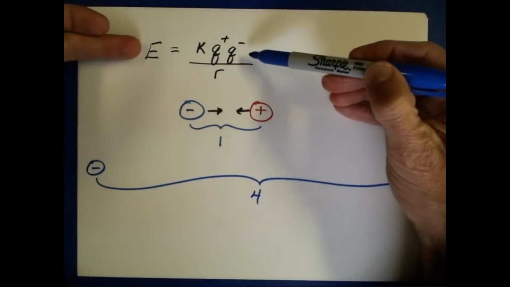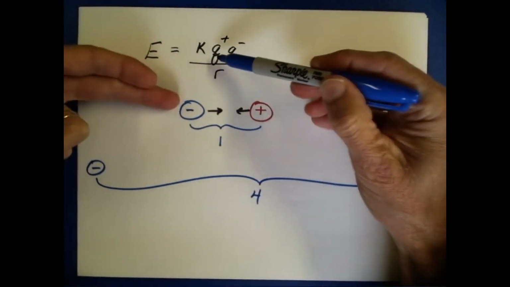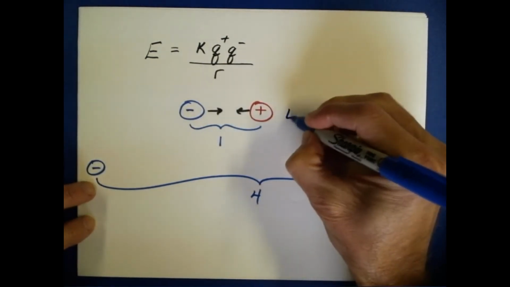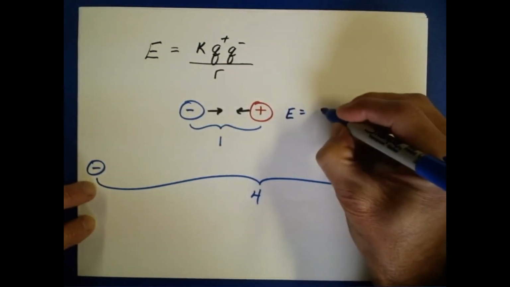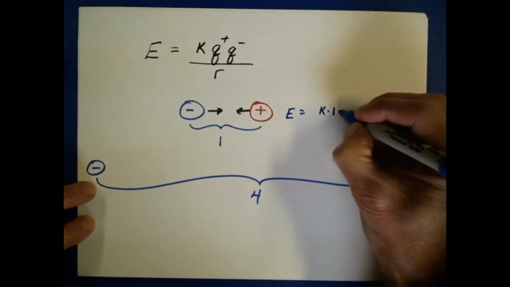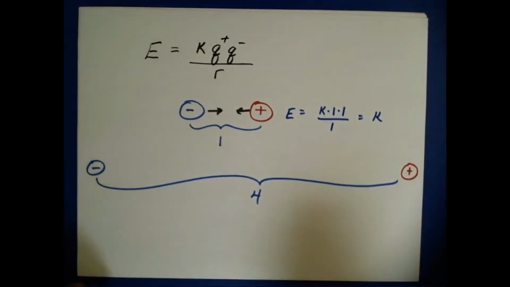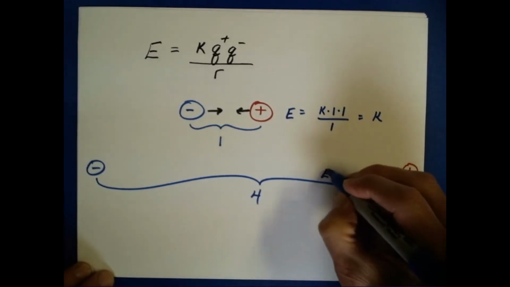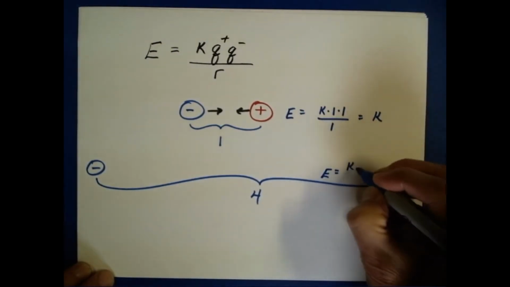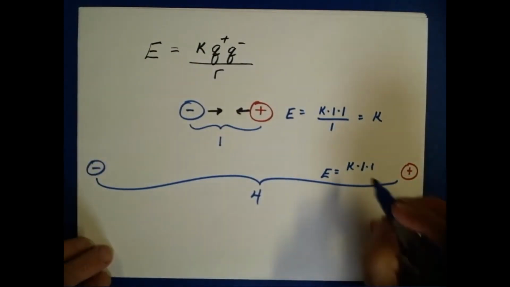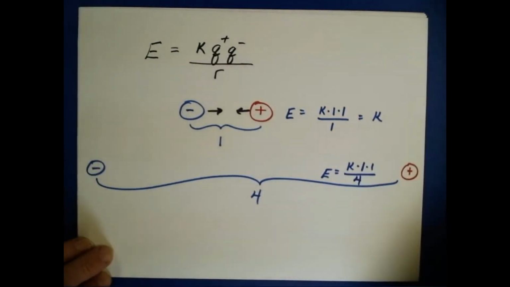In this case, the energy would be K times 1 times 1 divided by 1, that's just K. And in the second case, the energy is K times 1, and we're going to divide by 4.